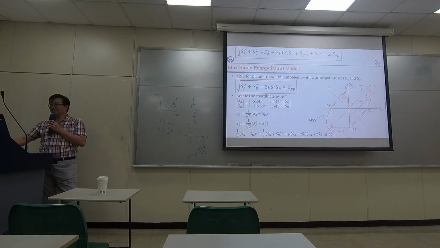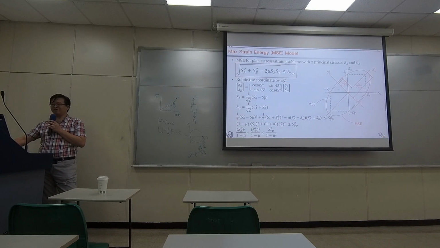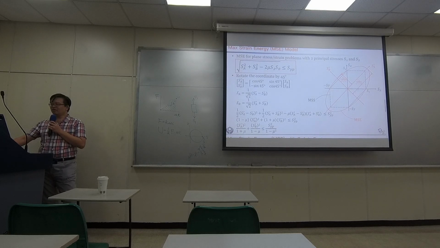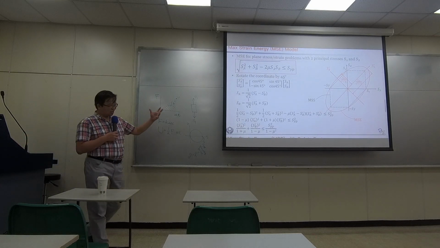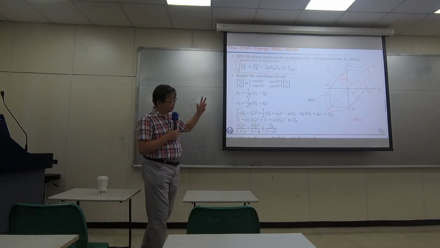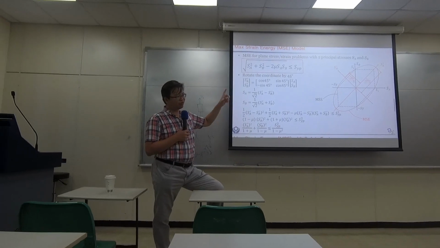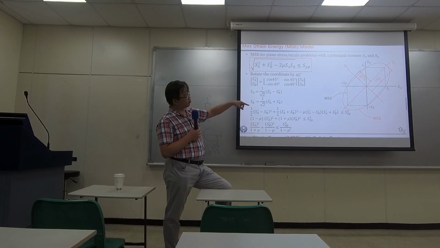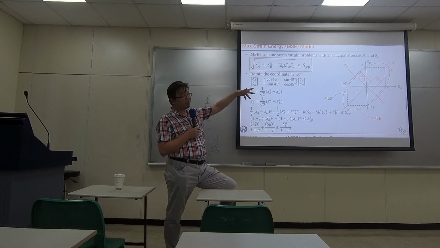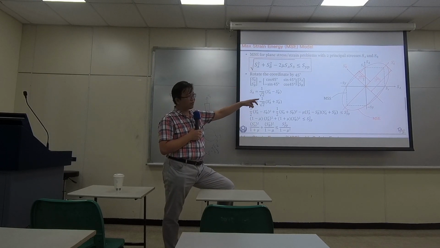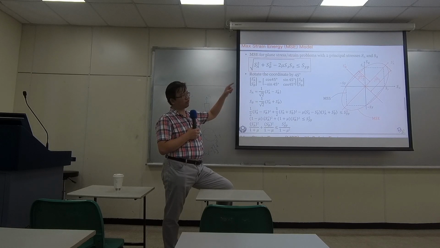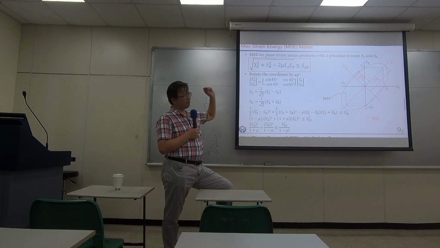Now, let's try to make a drawing of it. So for the design diagram for plane stress, we draw the design limit by the dashed line. That's for the maximum shear stress model.